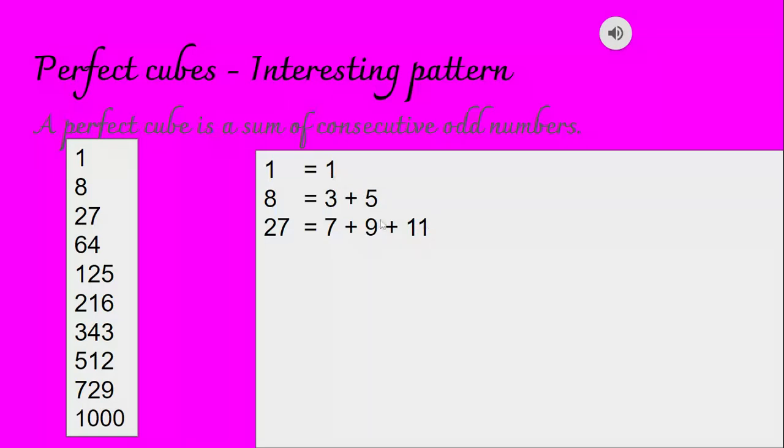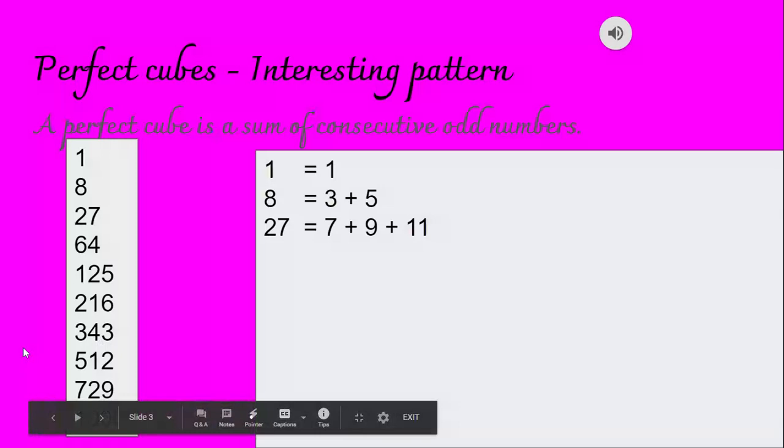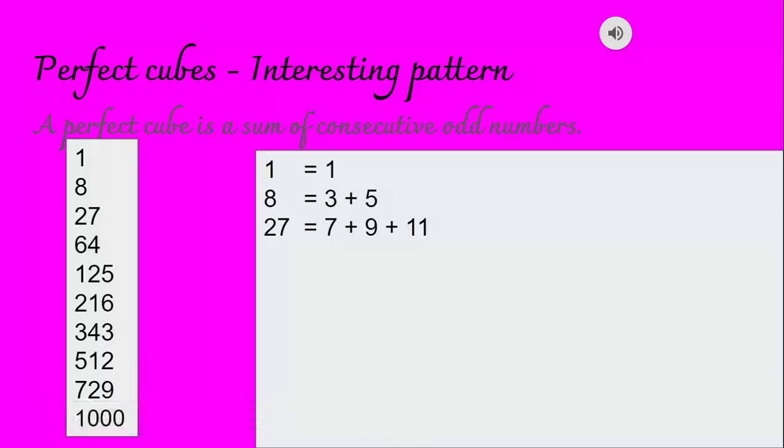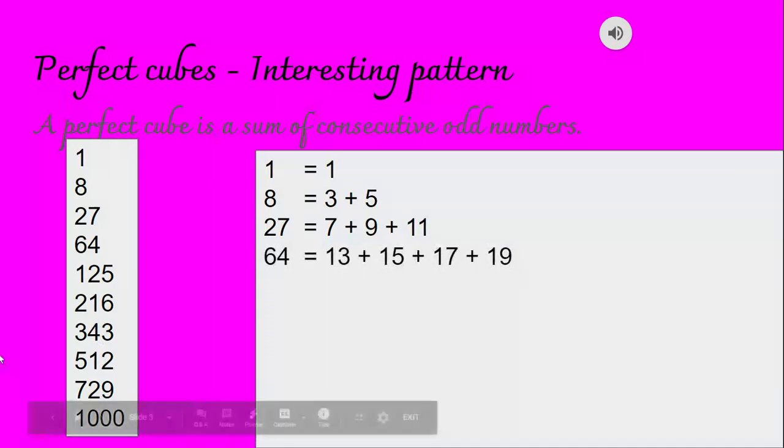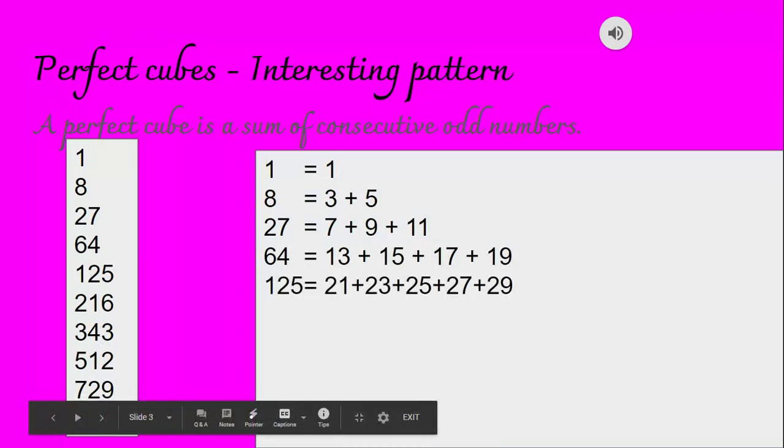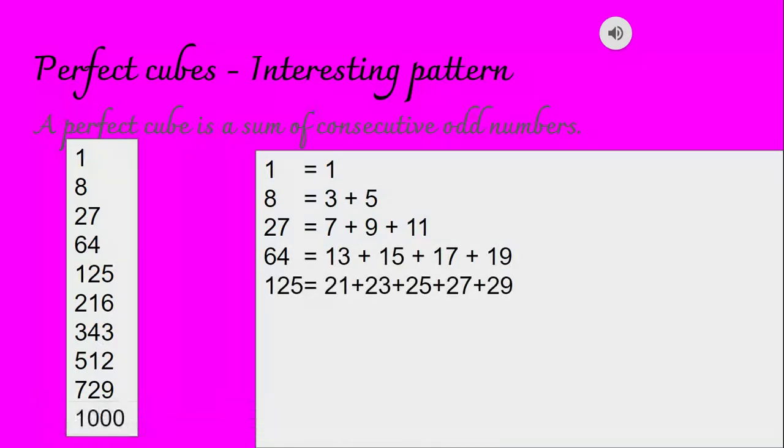So when it comes to 64, can you guess which are the numbers whose sum becomes 64? After 11 here, what are the odd numbers? 13 plus 15 plus 17 plus 19, isn't it? That would be 64. Similarly, 125 is 21 plus 23 plus 25 plus 27 plus 29.